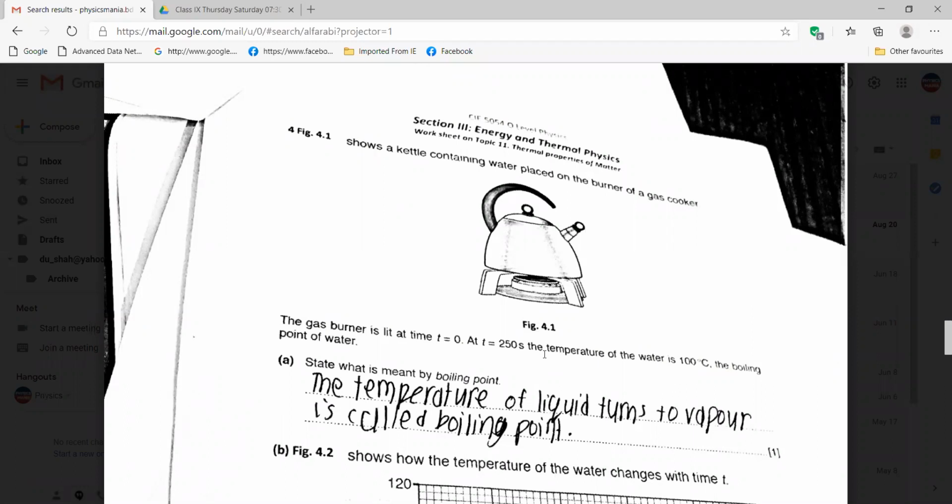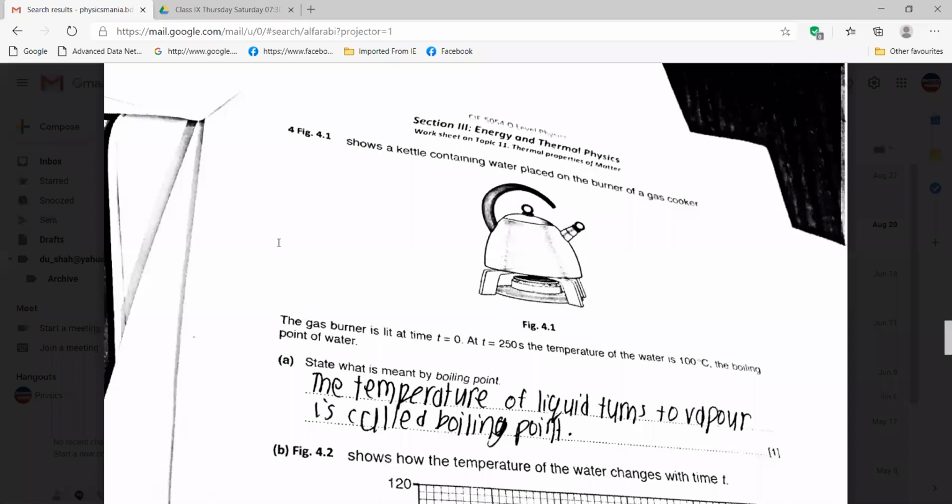So if I ask you what is called melting point, can you make it? Farabi, what is called melting point?